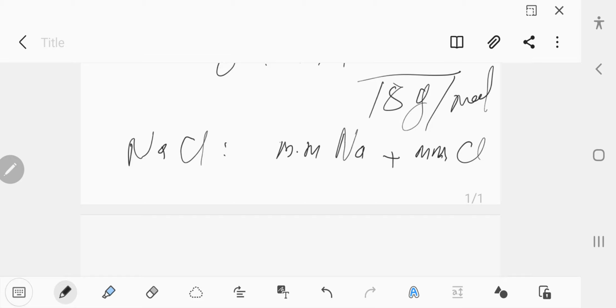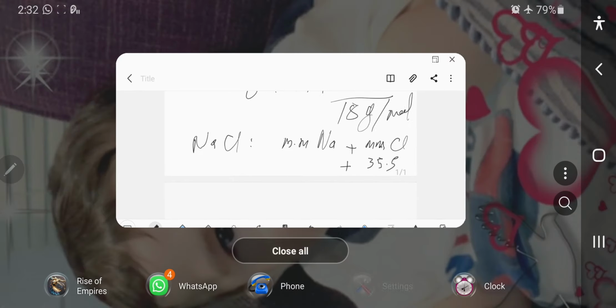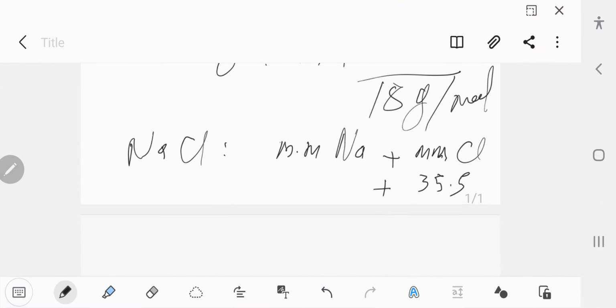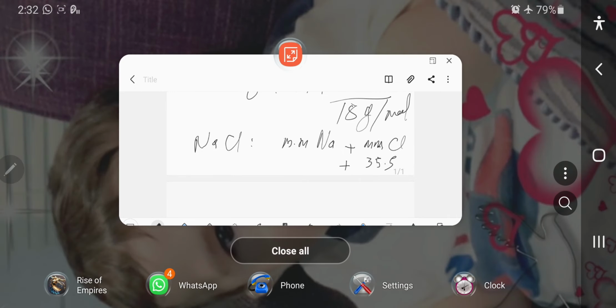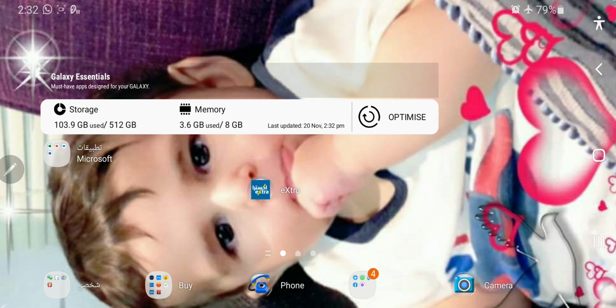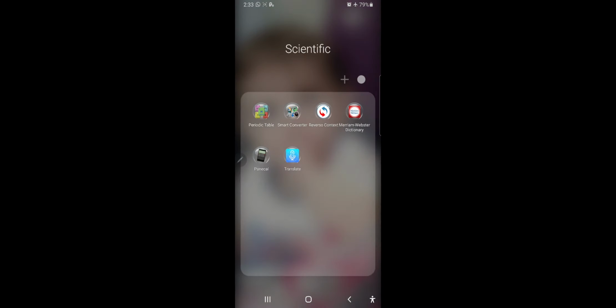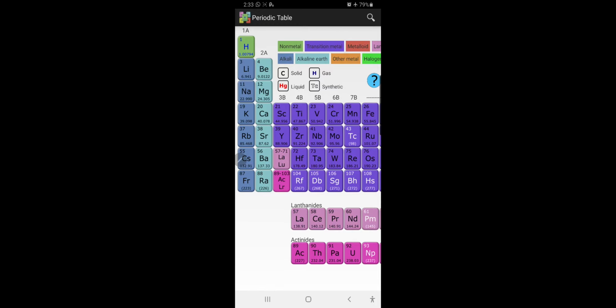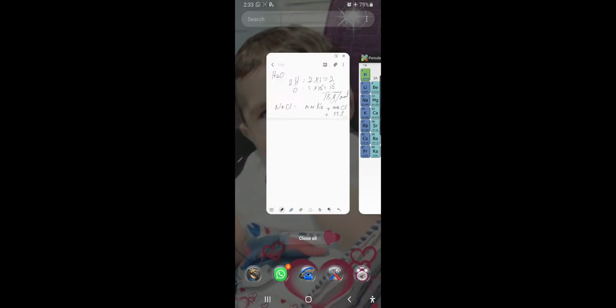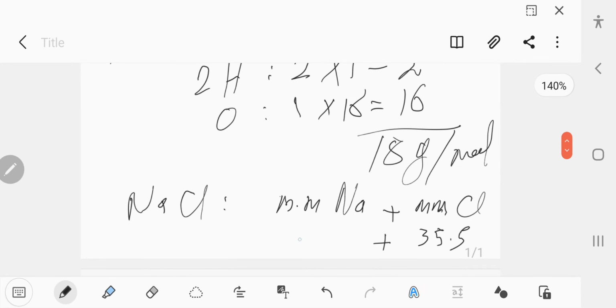So it's going to be 35.5 plus, let me just check the molar mass for sodium. I think 22 or 23, 22.99 actually. So it will be 23. So the molar mass for it will be 58.5 gram per mole.